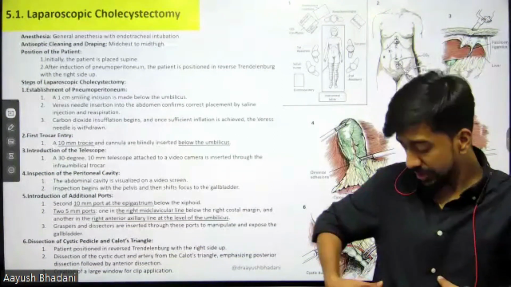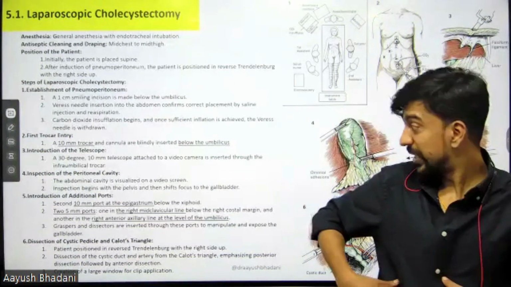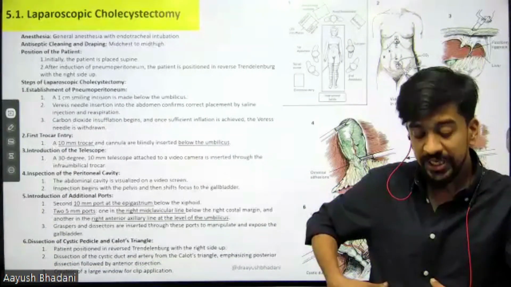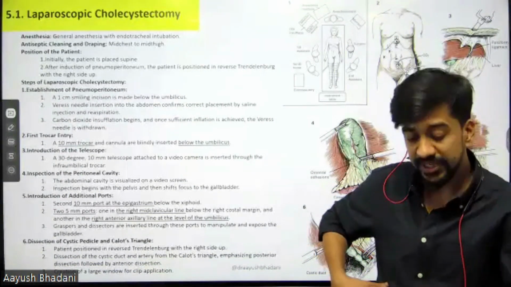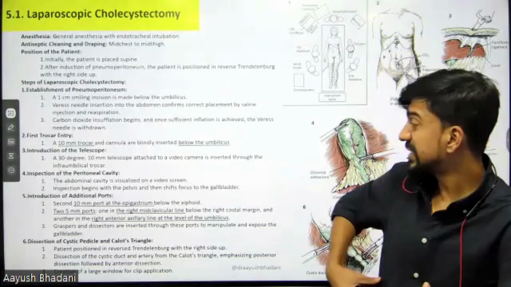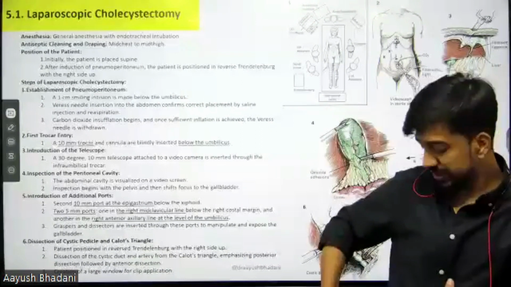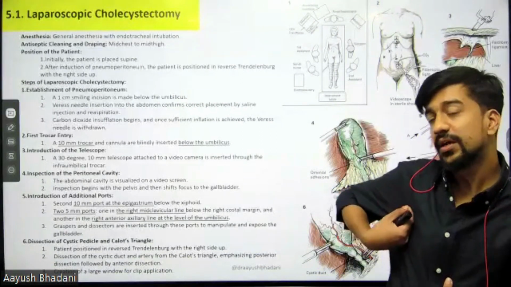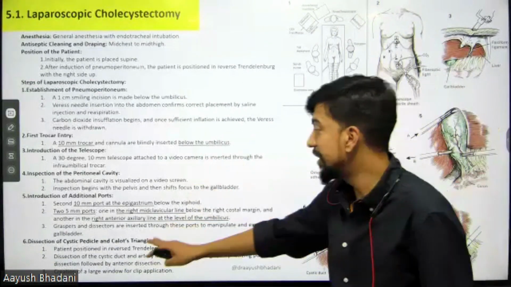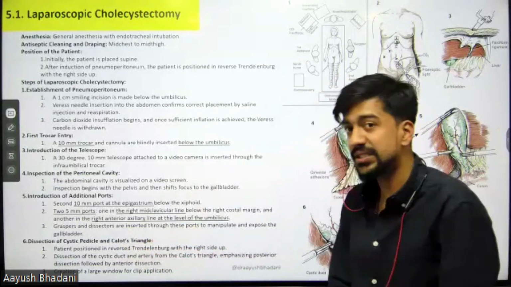The epigastric port and the mid-clavicular port are the two main ports of operation. And we have a second port, the right anterior axillary port, through which the assistant retracts the gallbladder up. So once you have done that, you need to dissect the cystic pedicle and the Calot's triangle.